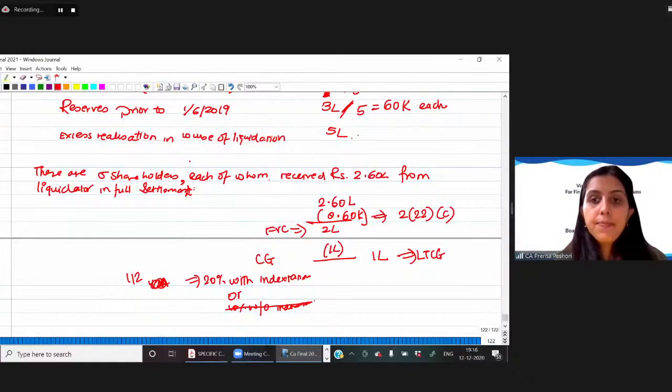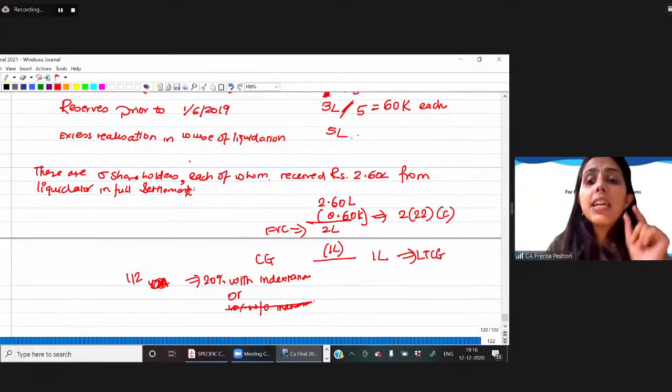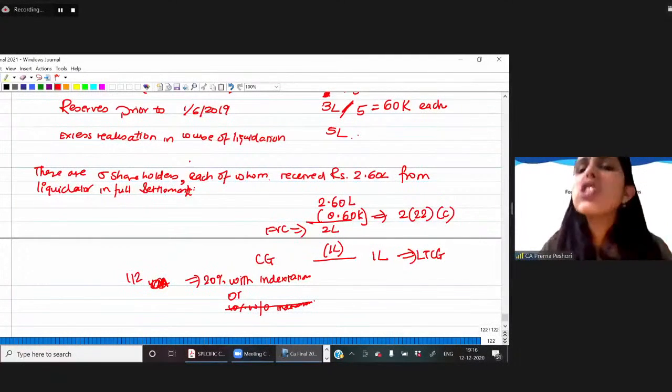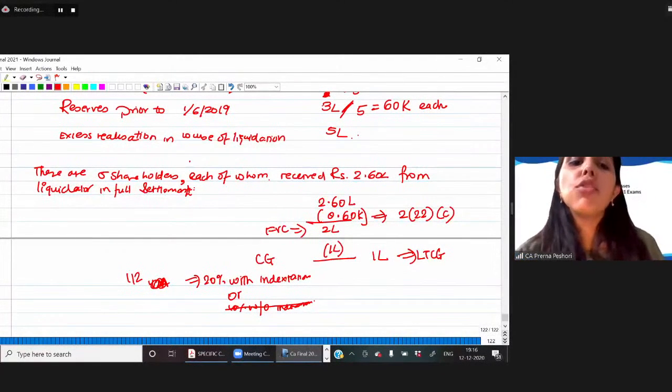Yes, Jayashree. Ambika, yes. Correct, Leela. Ambika, you have written 2 lakhs as capital gain. Sorry, it's 1 lakh as capital gain and not 2 lakh. Clear, Ambika? 2 lakh was full value of consideration. Padmanaban, the excess realization which is there is the cash lying with the company. So you do not have to deal with it. There is no capital gain implication on that.